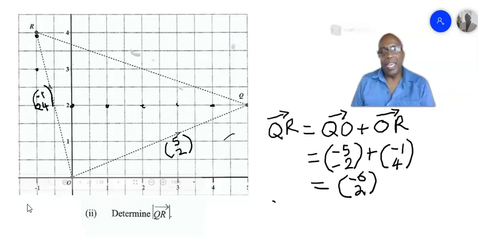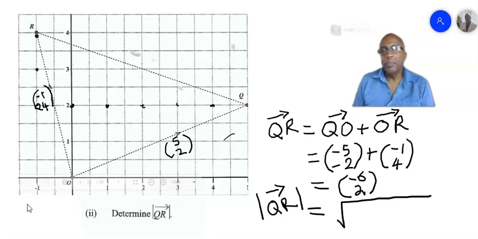So now we have to find the magnitude of vector QR. We put the vector and we put the 2 lines showing we are finding the magnitude. And for that, you simply have to remember the formula. The magnitude is the square root of the top number squared, that is negative 6 squared, which is 36, because 6 times 6 is 36, plus the square of 2, which is 4.